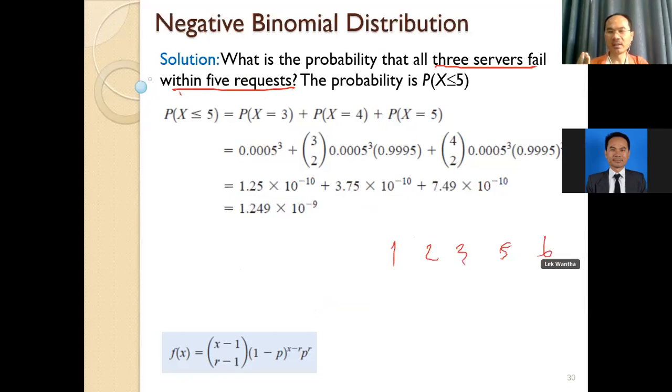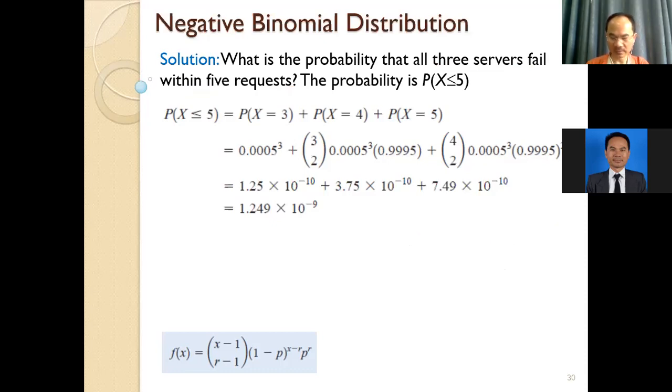But for this case, we have only 3 at least, so it can be 3, 4, 5. The probability that X is less than or equal to 5 equals P(X equals 3) plus P(X equals 4) plus P(X equals 5), with no 1 and 2, because we have 3 at least.